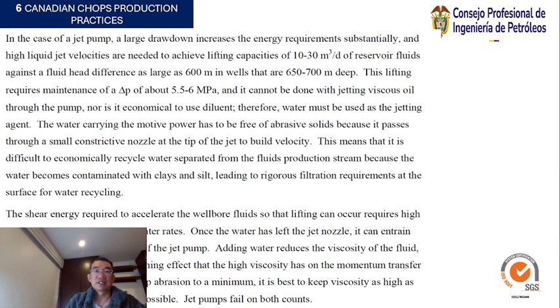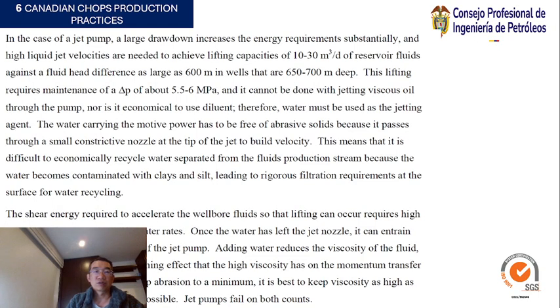In the case of a jet pump, a large drawdown increases the energy requirements substantially, and high liquid jet velocities are needed to achieve lifting capacity of 10 to 30 meters per day of reservoir fluid against a fluid height difference as large as 600 meters in wells that are 650 to 700 meters deep.